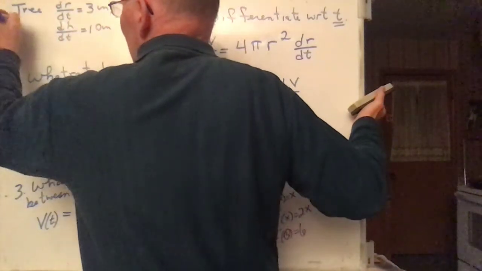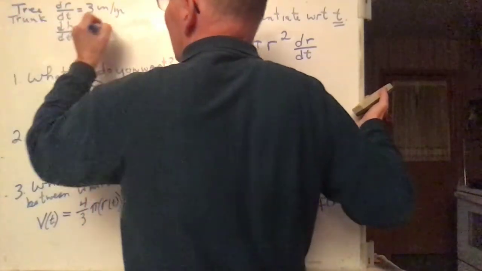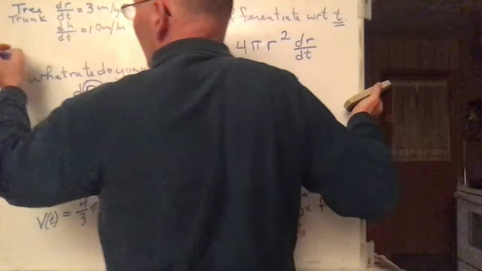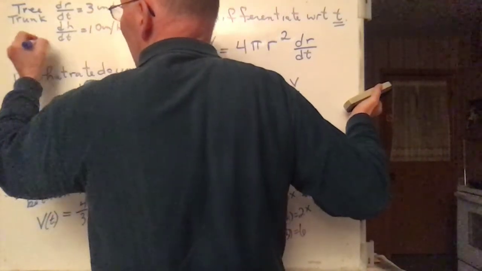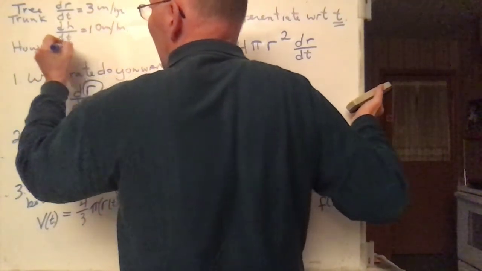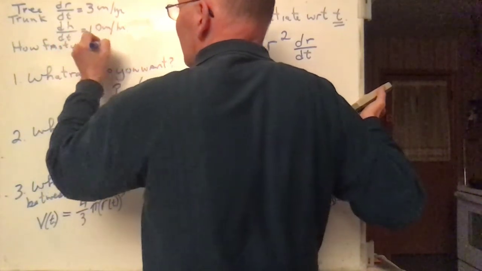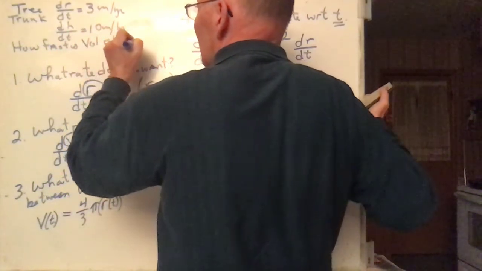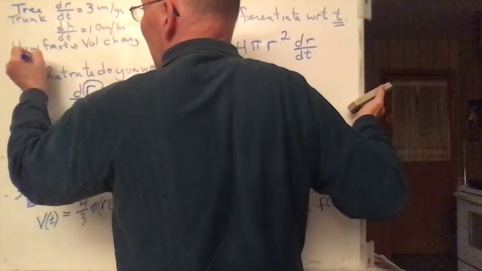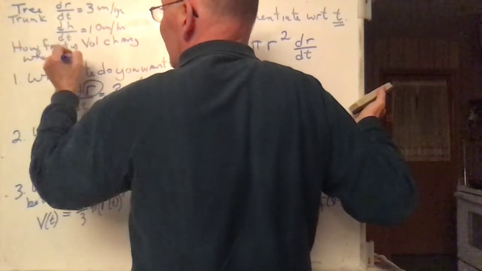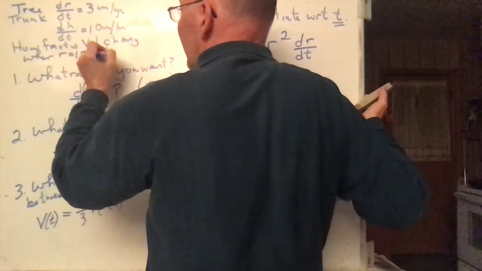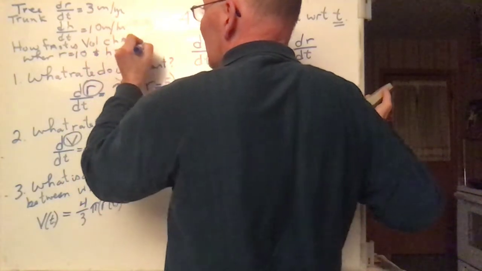So this is a tree trunk. And you want to know how fast is volume changing when the radius happens to be 10 and the height happens to be 100.